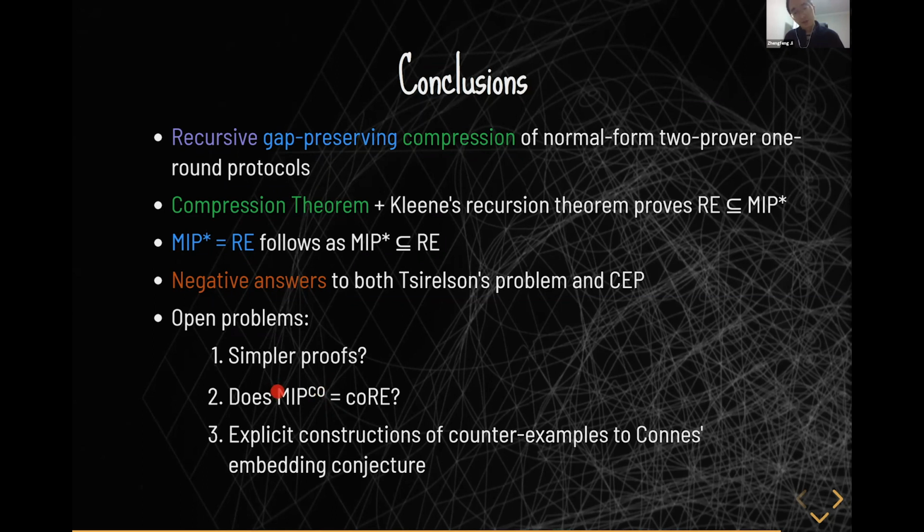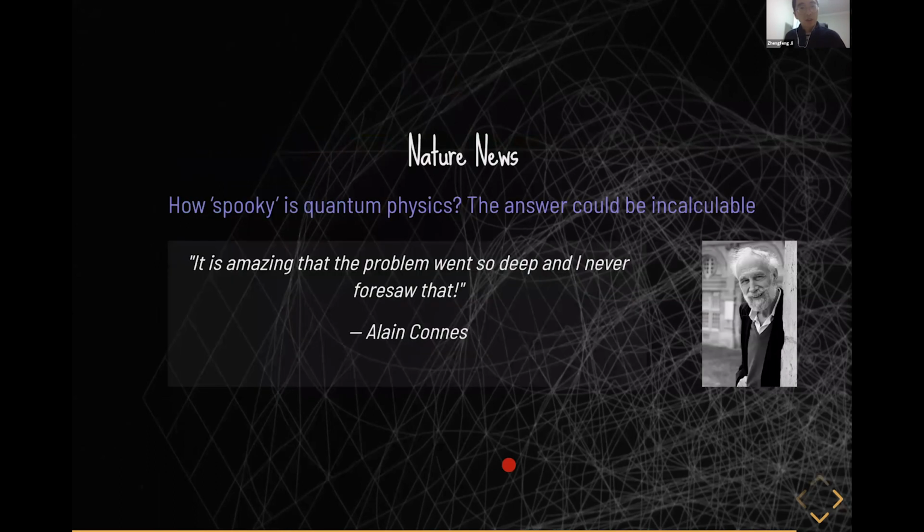And we believe that this class should be equal to Co-RE, but that's something we are currently working on. Also, our consequence that Connes' embedding conjecture is false is indirect, through known connections. It will be interesting to see whether there are explicit constructions of counterexamples to this conjecture, maybe motivated by our construction. So those are some open problems.